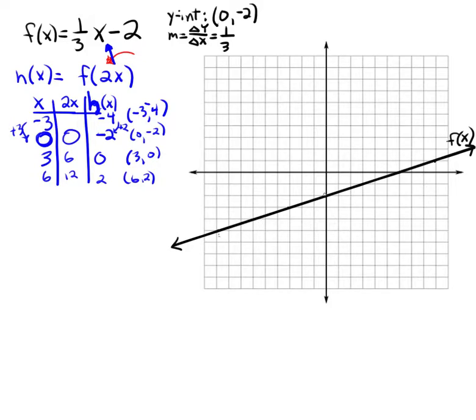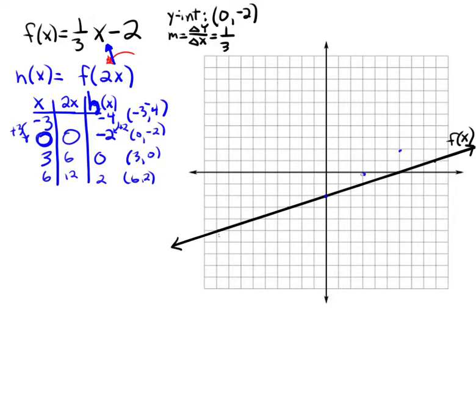So now I will go ahead and plot those. So (0, -2), (3, 0), over 3 and up 0, over 6 and up 2. Huh.